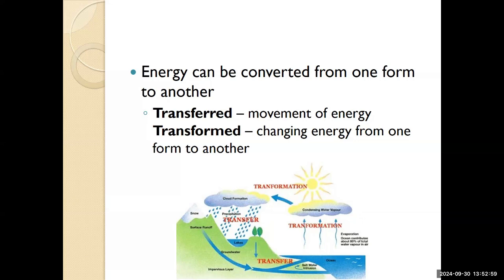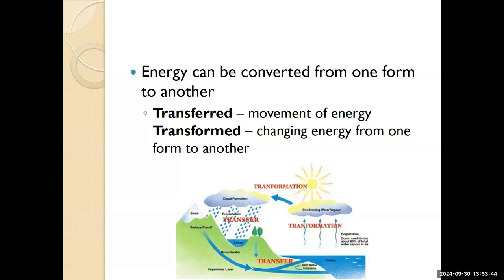So to help illustrate this, we're looking at the water cycle here, and we can see that when liquid water is evaporated and formed into water vapor, we have transformation, we have changed states. Gaseous water vapor is also transformed when it condenses down back into liquid water.